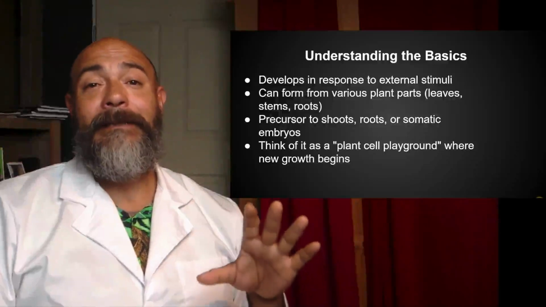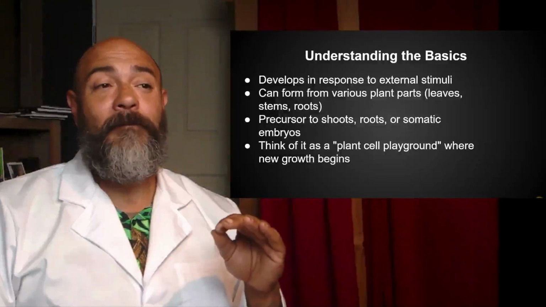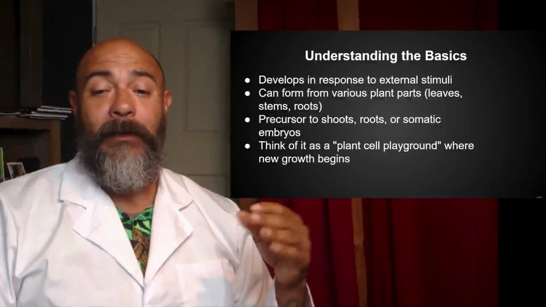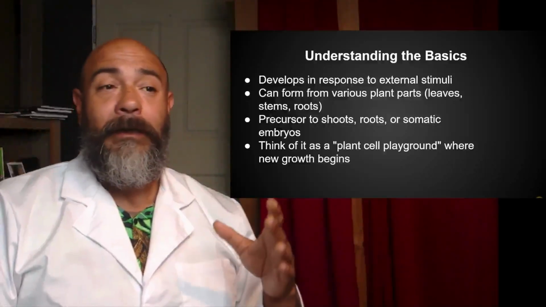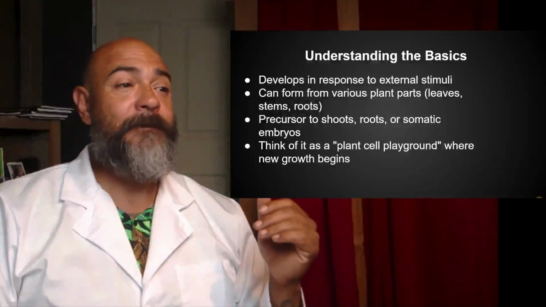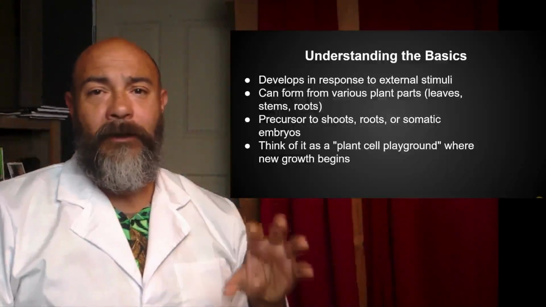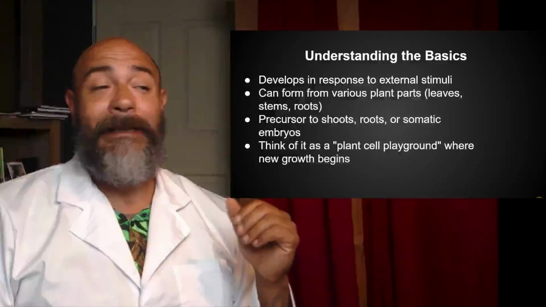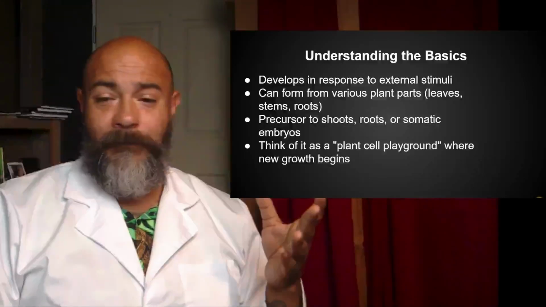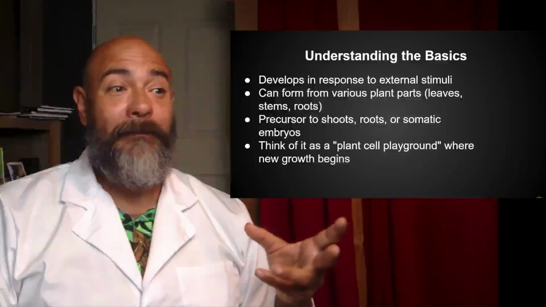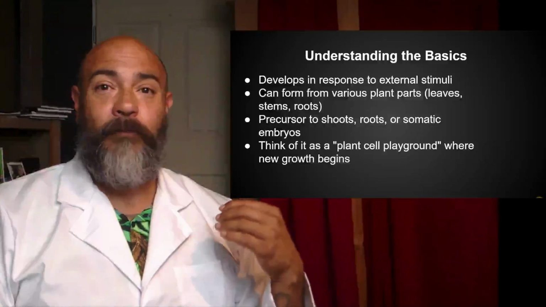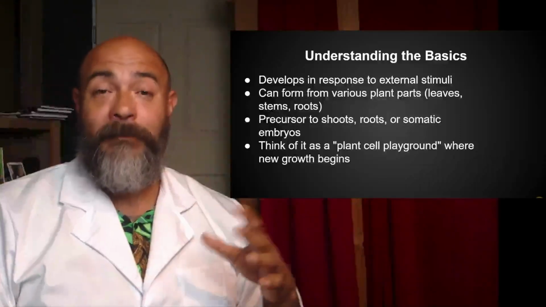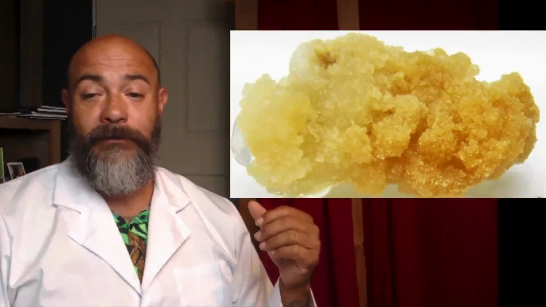That being said, different types of explants or different selections of explant are better suited for some purposes than others. This is the precursory material to your shoots, roots, or somatic embryos. This is truly the genetic playground, right? Where you get to decide what you want to do, and you get to mass produce the culture itself.